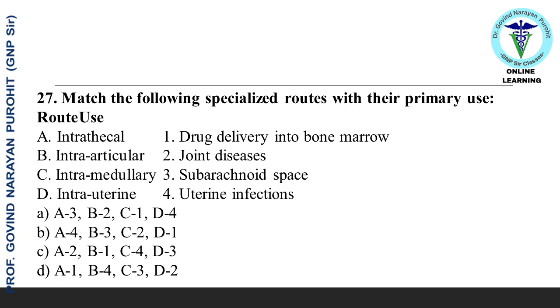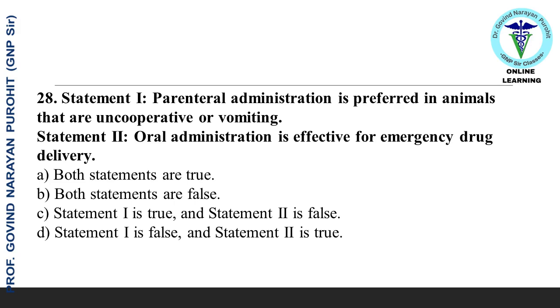B. A4, B3, C2, D1. C. A2, B1, C4, D3. D. A1, B4, C3, D2. The correct answer is option A. Explanation. Intrathecal is used for spinal drug delivery, intra-articular for joint diseases, intramedullary for bone marrow injections, and intrauterine for uterine infections.